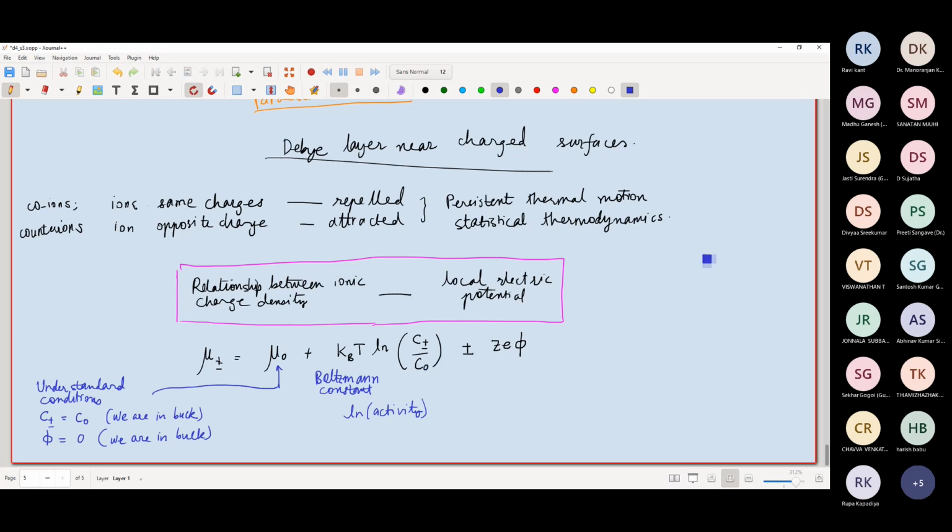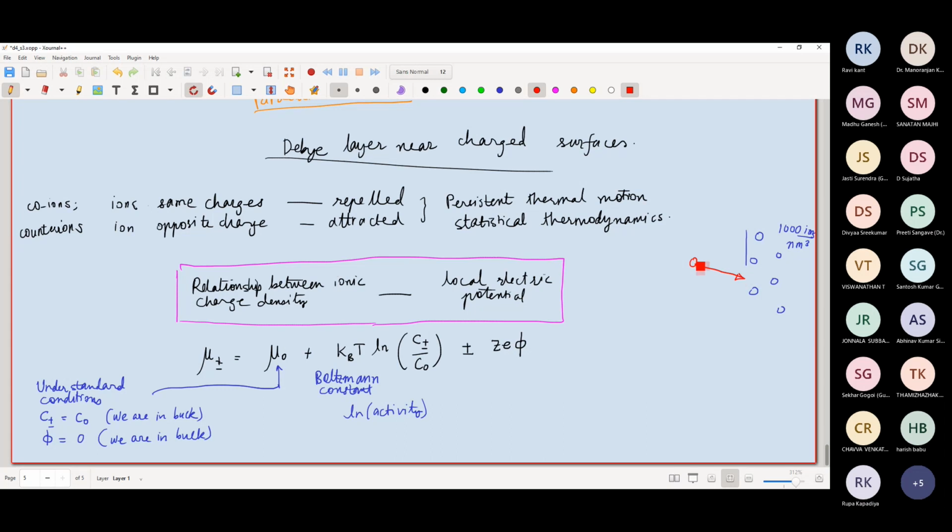Okay. So meaning if you have a bulk with a certain ion density, suppose this has a bulk density of 1000 ions per nanometer cubed. In this density, if you now try to push an extra ion, you have to do some work.